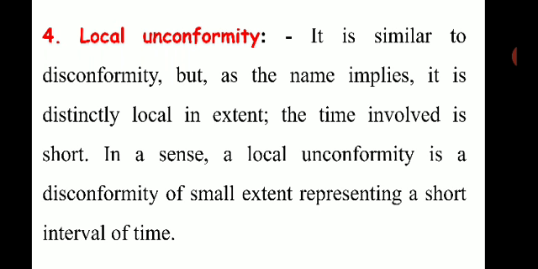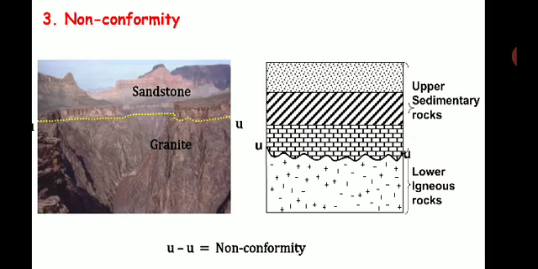Then the term local unconformity is used. So the local unconformity is a disconformity of smaller extent which is limited to a local area. Then it represents an unconformity of short interval of time. So it is called local unconformity.